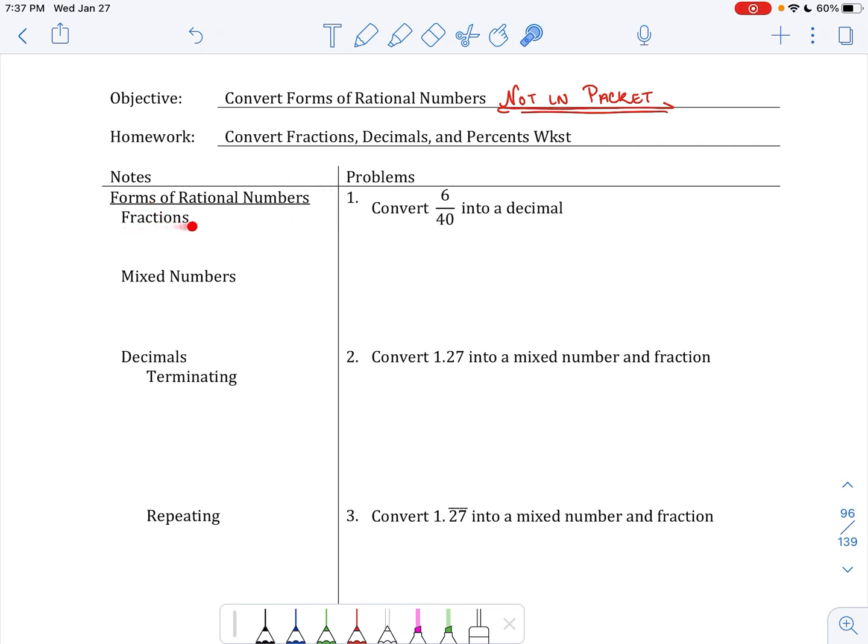So as a review, forms of rational numbers, all of them can be fractions. That's like the definition of a rational number. It has to be able to be written as a fraction. Now, students sometimes say that fractions and mixed numbers, when I ask for one, they'll give me the other. And usually that's fine, but it is important to note that these are not the same. If I ask for a fraction in some of these, I do want specifically a fraction, not a mixed number, or I'll want both, as you see in number 2 here.